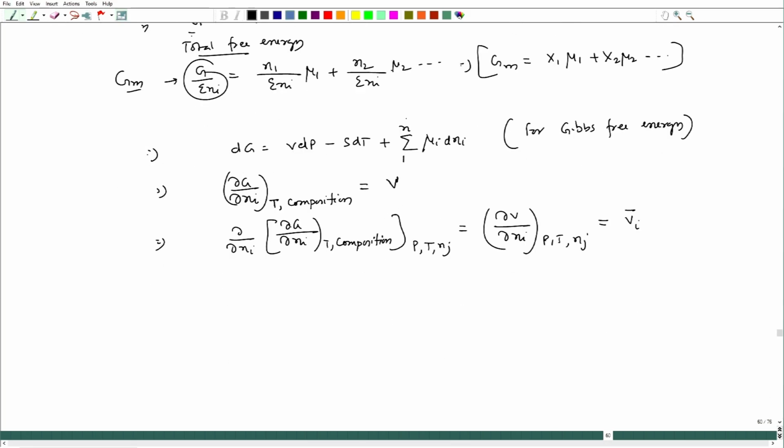Since G is a state function, I can write dG by dNi.